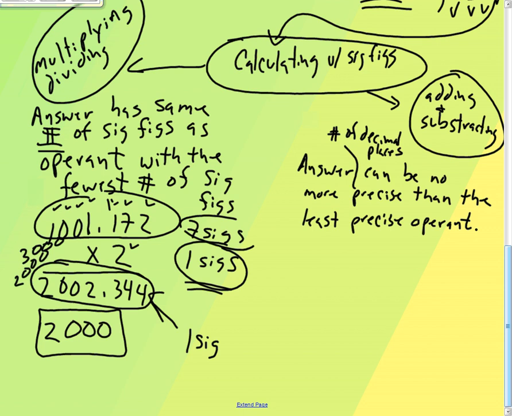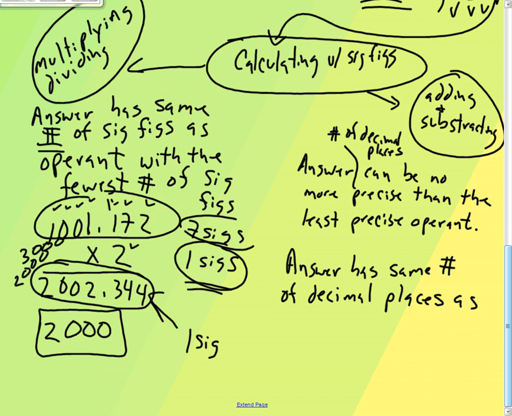Okay, so then, can we write this in a more useful way? I think we can. The answer has the same number of decimal places as operand, the things we are adding or subtracting, operand.